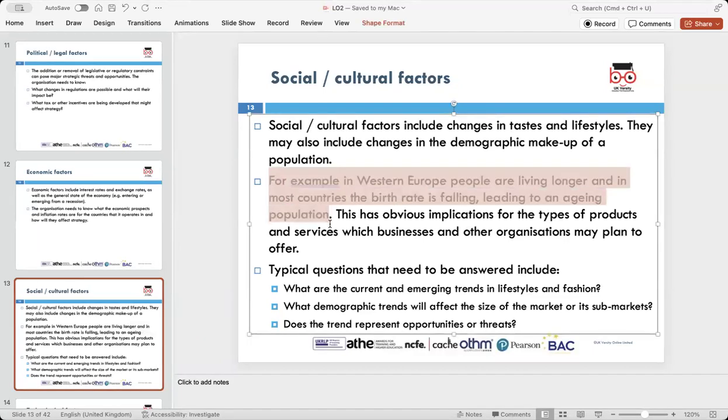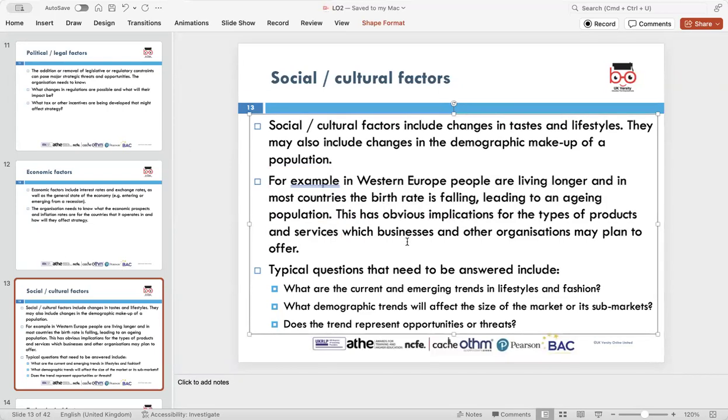There is an example as well. In Western Europe, individuals are seeing an increase in their lifespan, but in the majority of countries the birth rate is decreasing, resulting in a population that is getting older. So clearly, this has repercussions for the kind of goods and services that companies and other organizations might intend to provide in the future.